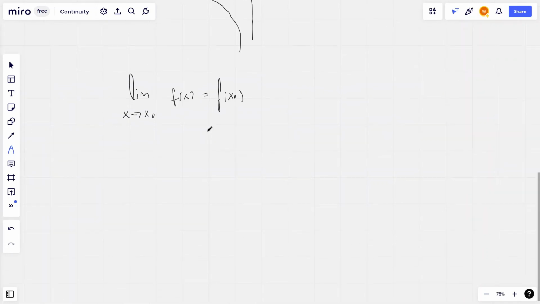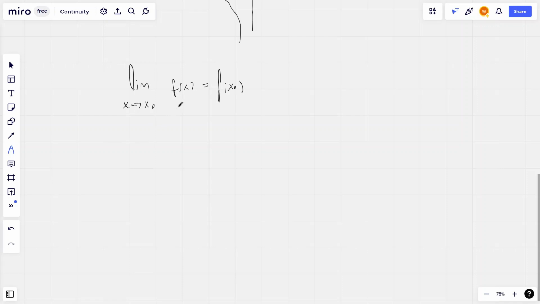From our previous videos, we looked at limits already, and this is true if for epsilon greater than 0, we have the modulus of x minus x naught being less than delta, implying that f of x minus f of x naught is less than epsilon.